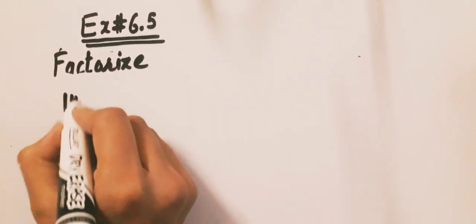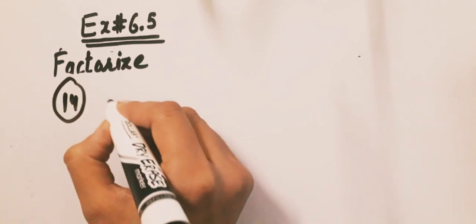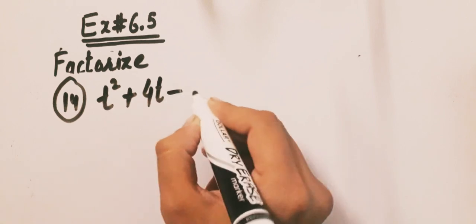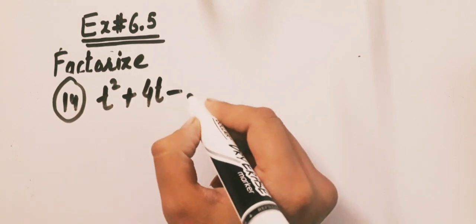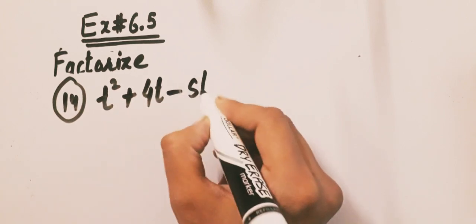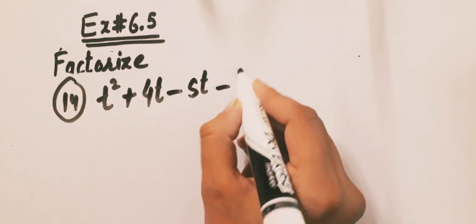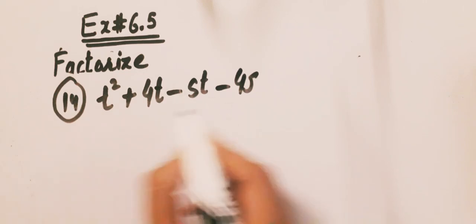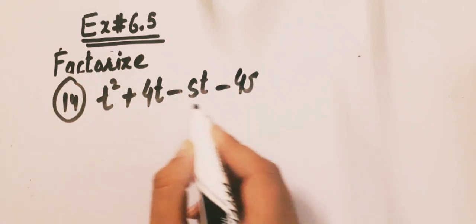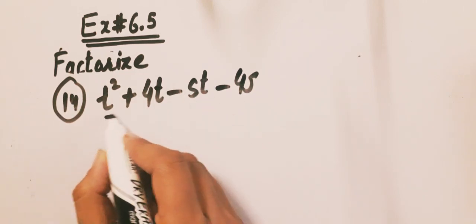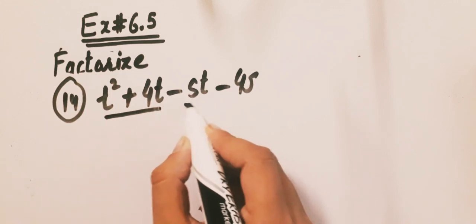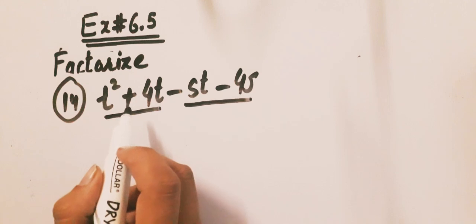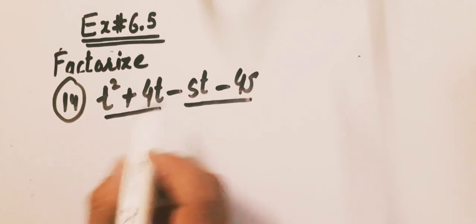Now you will solve part 14, that is t square plus 4t minus st minus 4s. Now you will take t as common from these two terms and minus s from these two terms, because no single term can be used.